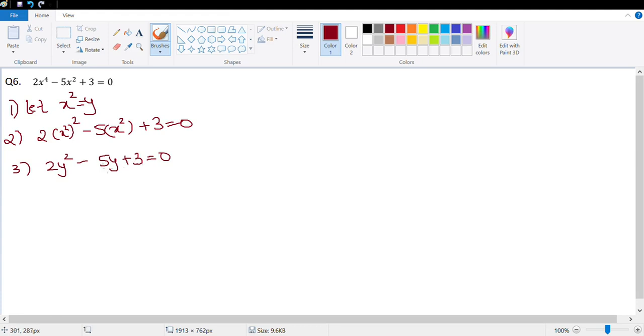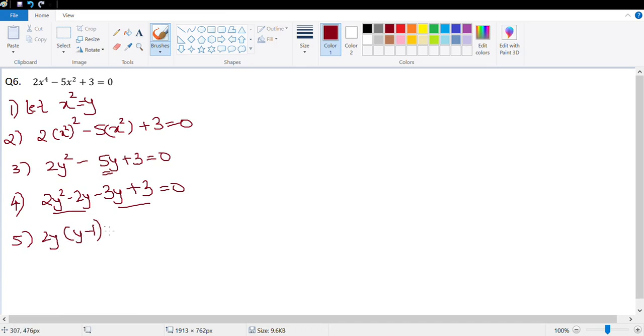So I need to find factors of 3 into 2, that's 6, the sum of which would be negative 5. So negative 3 and negative 2, yes, that's fine. So 2y squared minus 2y minus 3y plus 3 is equal to 0. Grouping it the way I've underlined, we have 2y times y minus 1 minus 3 times y minus 1 is equal to 0. y minus 1 is common in these two elements.